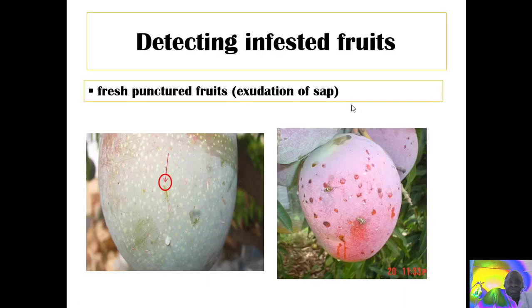Now, how to detect infested fruits? When they are freshly punctured, what we see is some sap exuding from the puncture points. You can see them on both photographs. On the right one, we can see many, and at the same time two female fruit flies also laying eggs.